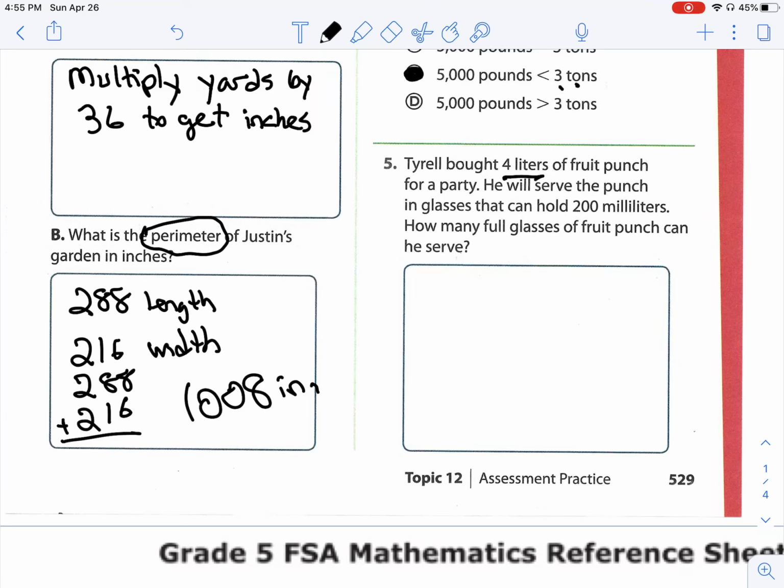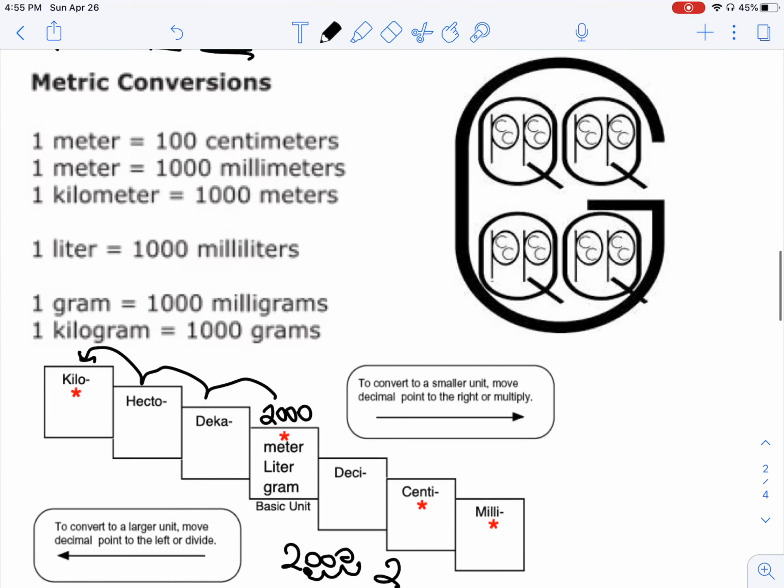Well, 4 liters equals how many milliliters? I'm going to go over to my chart, 4 liters and how many milliliters. All right. 4 liters, and I need to know how many milliliters.